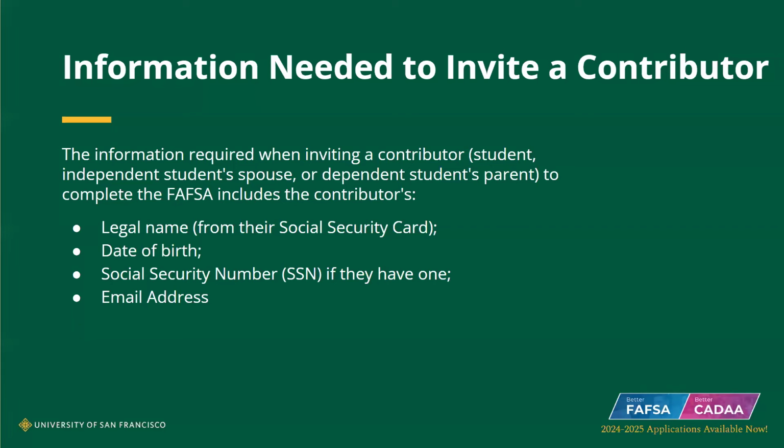We have quite a few parents and students who use nicknames, and we know that it's reasonable and customary. You get so used to using your nickname that you forget when you're filling out a legal document to use their legal name, and it needs to match what's on the Social Security card. So you would need their legal name, the date of birth, the Social Security number, if they have one, not if you have it, and then their email address.